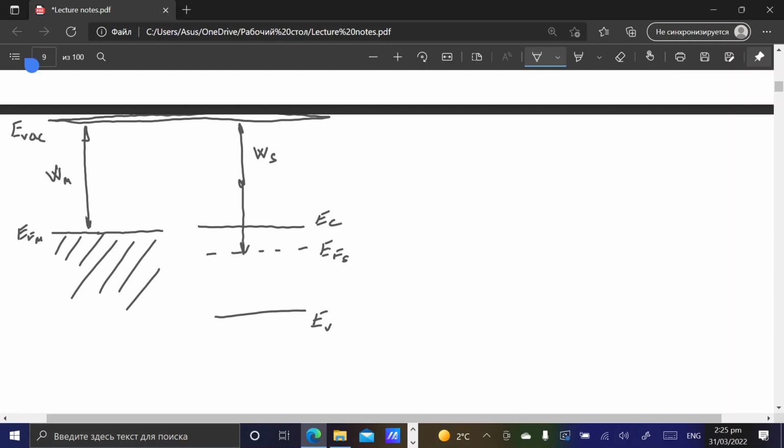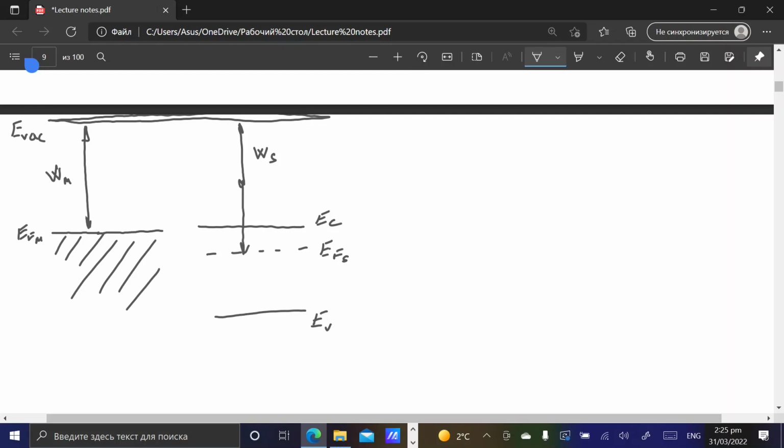So it just becomes a free electron without the effect of the crystalline lattice of the material on it. That is just to show that we get the electron out of the semiconductor or metal.